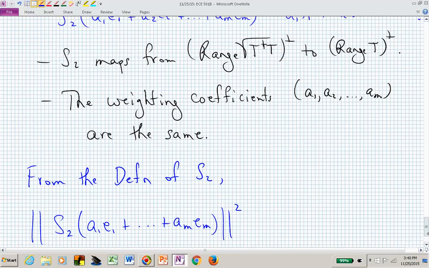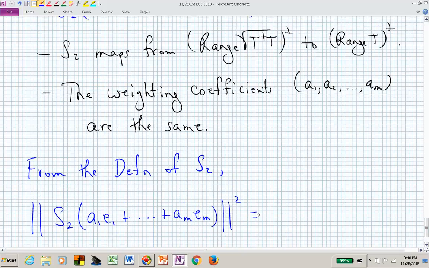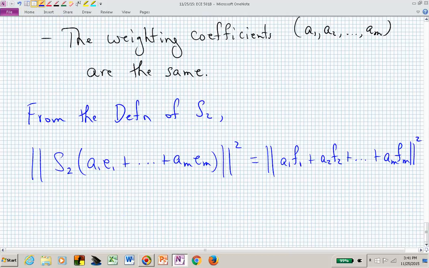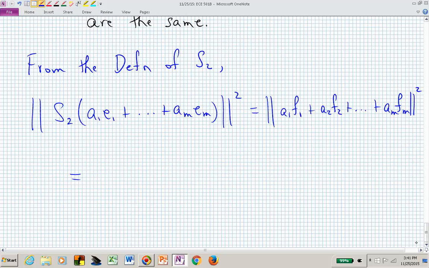But by the definition of S sub 2, we know that what's inside that norm squared expression is equal to A1 F1 plus A sub 2 F2 plus dot dot dot plus A sub m F sub m, squared. That's how we defined S sub 2. But on that far right-hand side, remember, F1, F2, F sub n is an orthonormal basis.